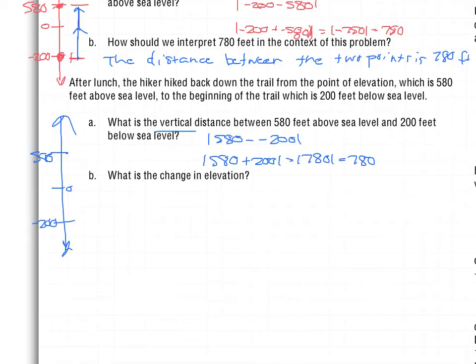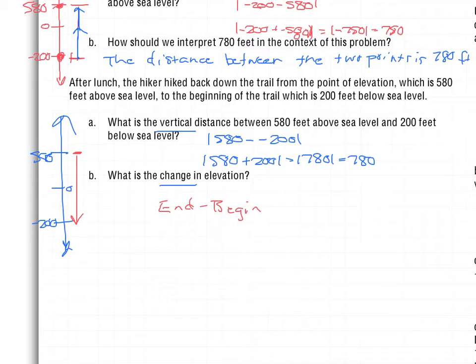Distance has no direction. However, this asks us what the change in elevation is. So for this particular scenario, now we're going from 580, that's our start value, down to negative 200. When we're talking about change, we're always talking about end minus beginning.